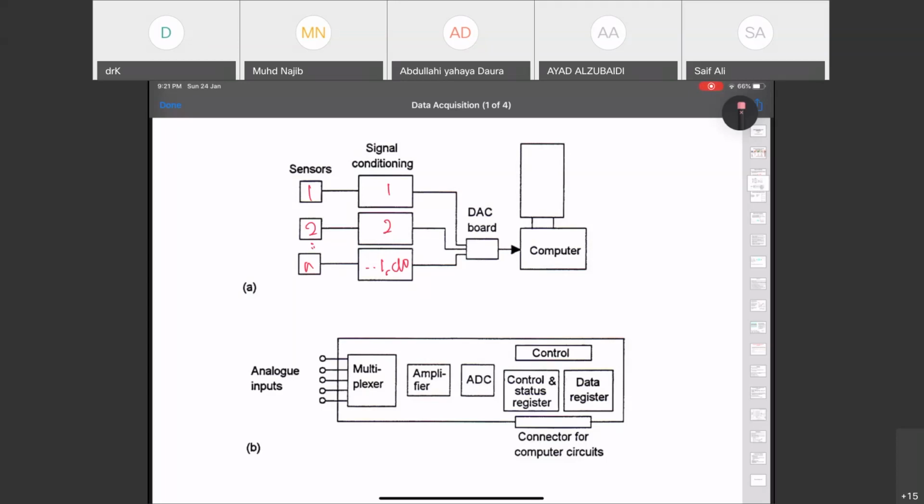If you look at the B diagram, you have multiple analog inputs. Then you have, of course, an amplifier, ADC, and many others. So you have to understand that DAQ basically represents any system of instrumentation. You always look at one sensor, one instrumentation system, one output.